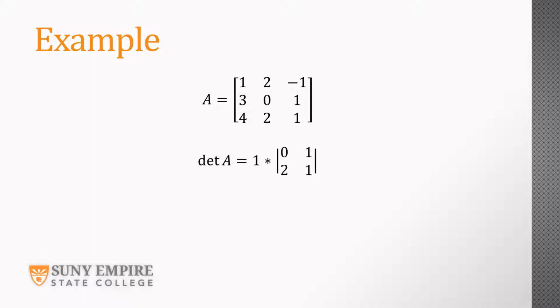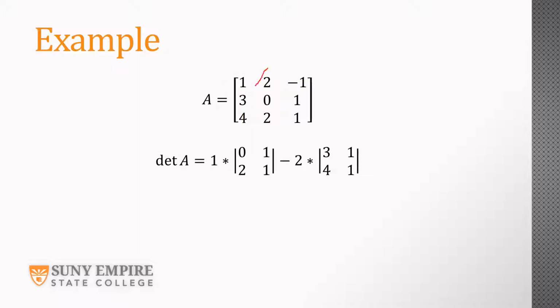We have 1, the entry in the first position in the top row, multiplied by the determinant of 0 and 1, then 2 and 1, which is what remains when we cross off the top row and first column.